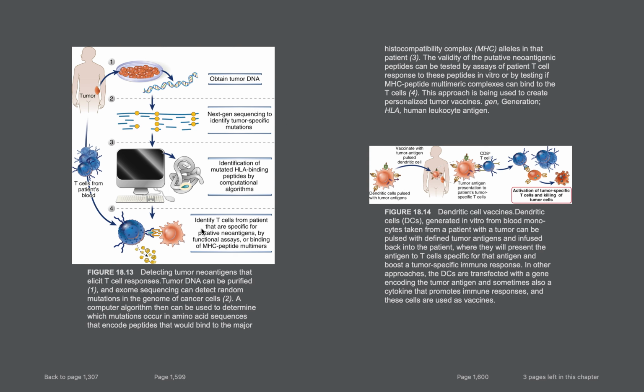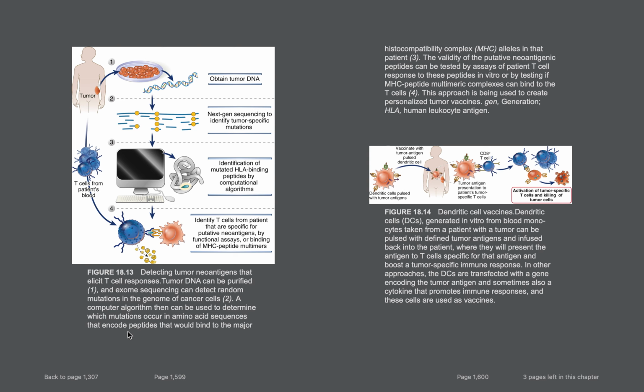Detecting tumor neoantigens that elicit T cell responses. Tumor DNA can be purified, and exome sequencing can detect random mutations in the genomes of cancer cells. A computer algorithm can then be used to determine which mutations occur in amino acid sequences that encode peptides that could bind to the major histocompatibility complex alleles in that patient.